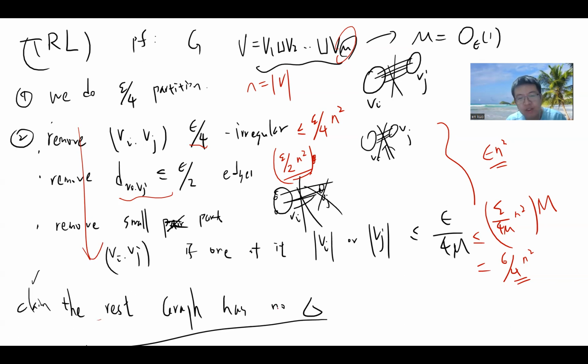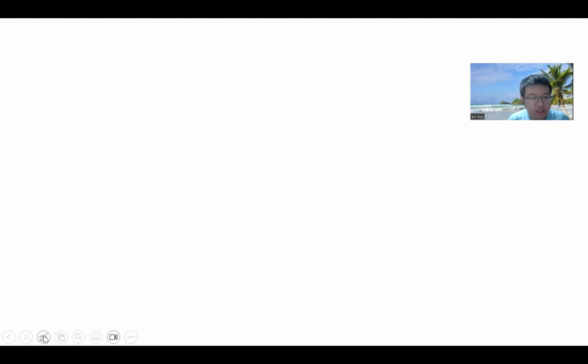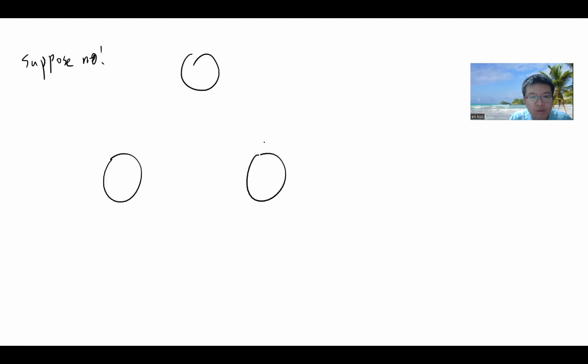Now I want to claim that the rest has no triangle. The reason is the following. Suppose not, meaning there is a triangle x, y, z, where x, y and z can be the same or distinct parts.